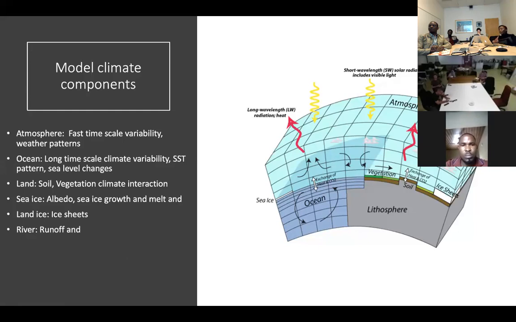There's also the biogeochemical component, where nutrients and marine life can feed back into the circulation and have an impact on the global climate response generally. So as you can see, it's a really complex system.